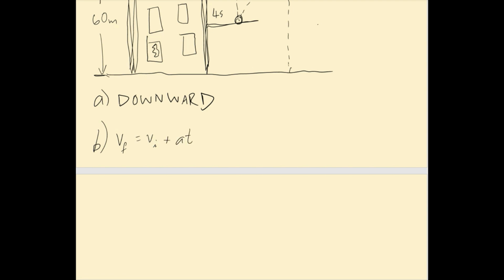Now the acceleration here is g, because it's due to gravity, which is negative 9.8 meters per second squared. So Vf is equal to Vi, which is 8 meters per second, plus negative 9.8 meters per second squared, and the time it takes is 4 seconds.